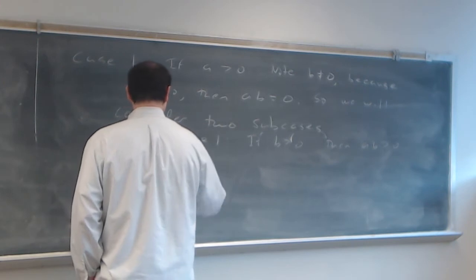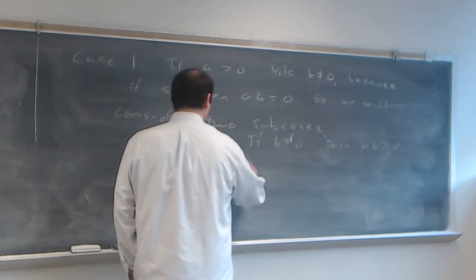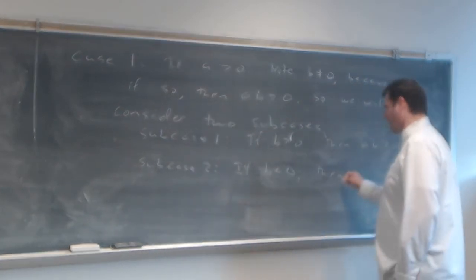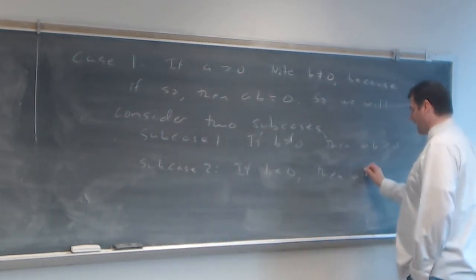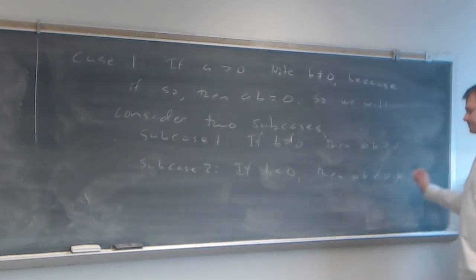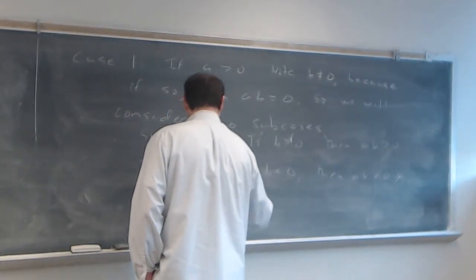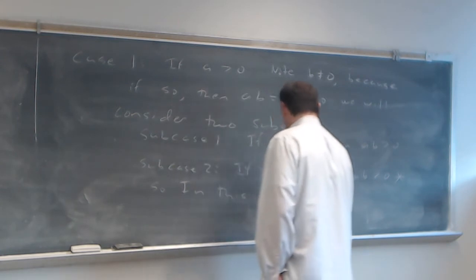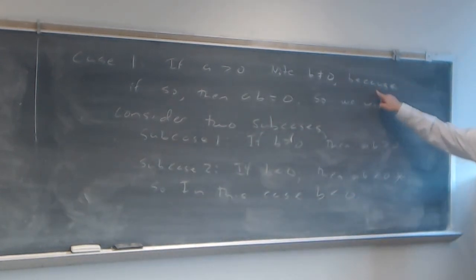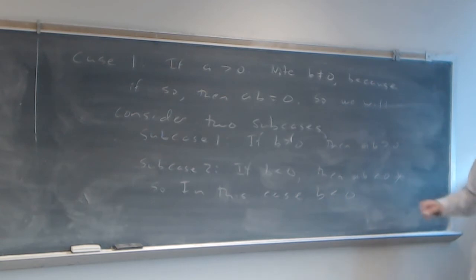Subcase 2. If b is less than 0, then if I multiply both sides by a, I get a times b is less than 0. But that's a contradiction. Okay. So in this case, b cannot be less than 0. So b can't be 0, and b can't be less than 0.